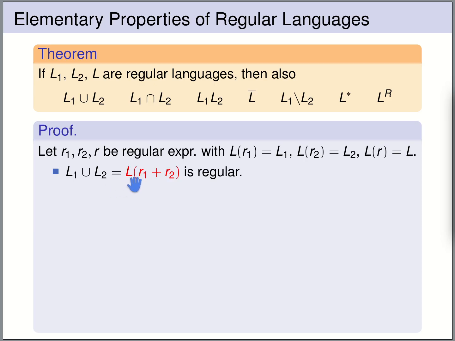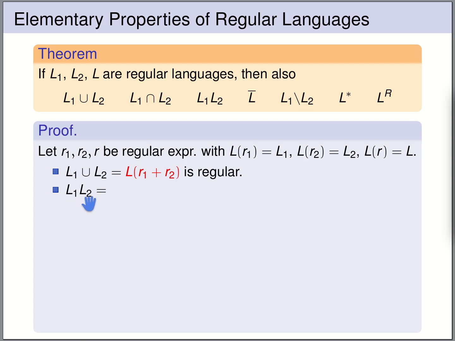We know that the language associated to R1 plus R2 is precisely the union of the languages of R1 and R2, which is L1 and L2 by assumption. So this is a very simple proof that the union of two regular languages is regular again, and it just uses the fact that we know that regular expressions give rise to precisely the regular languages.